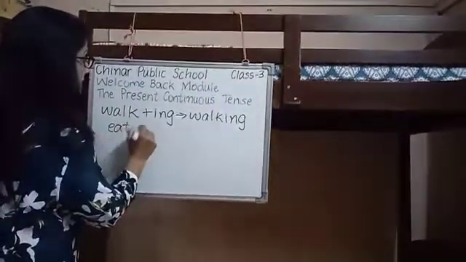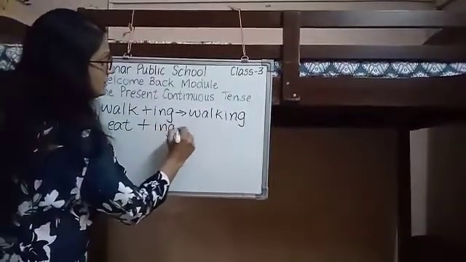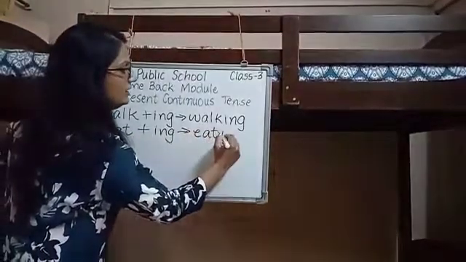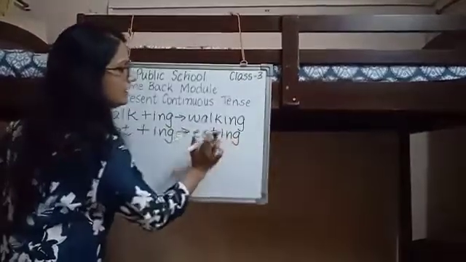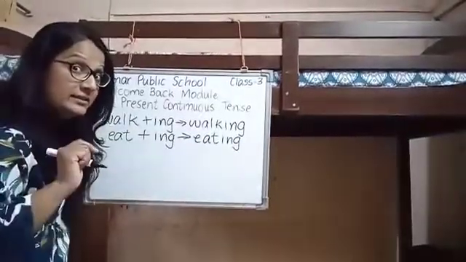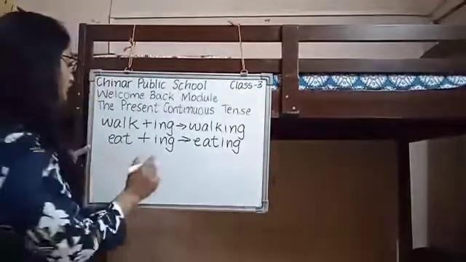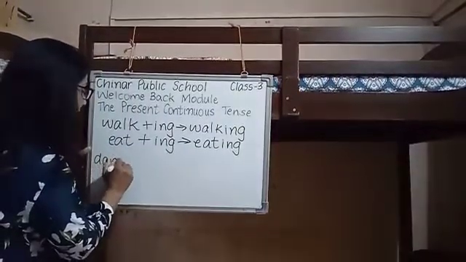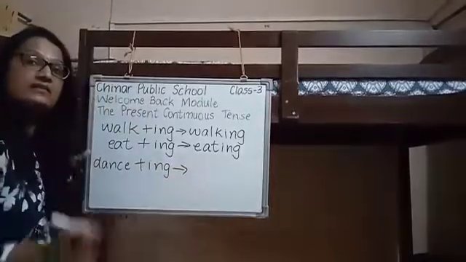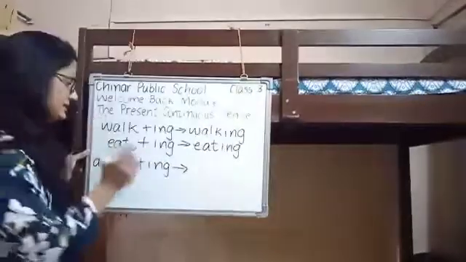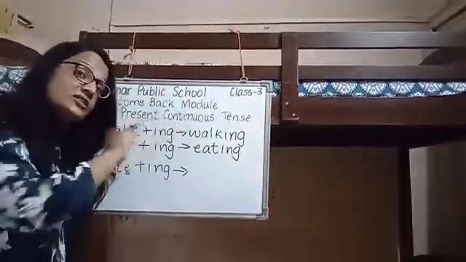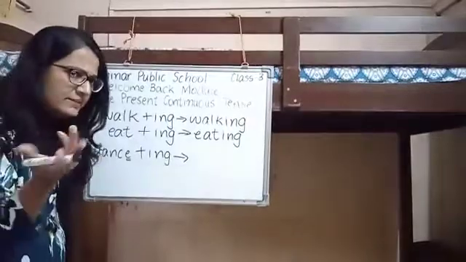Similarly, eat plus ing, again we just add ing to the spelling of eat and our ing form is obtained. Now comes the turn: if any verb is ending with letter E and we have to add ing to it, how will we add?